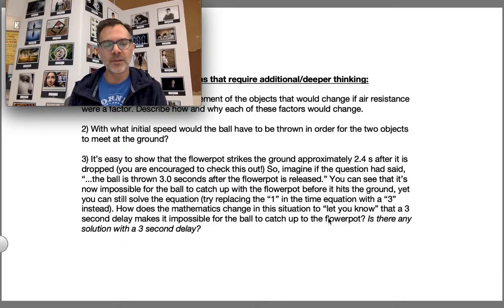So the question is, how does the math let you know that you have an impossible answer here? All right. You might want to go back and put in the number 3 in place of the 1 in the solution and see what comes up. That's what this question is about. It's asking you, how does math alert you that your answer is unrealistic or impossible, which sometimes happens in these kinds of questions. Anyway, that's it for now.